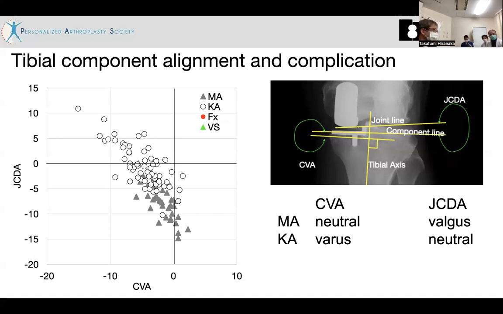I think this is better because in trouble cases such as fracture, it concentrates on the minus JCDA. So if the component is placed in valgus against the joint line, it can cause fracture. But importantly, fracture can occur even if the component is placed in valgus.